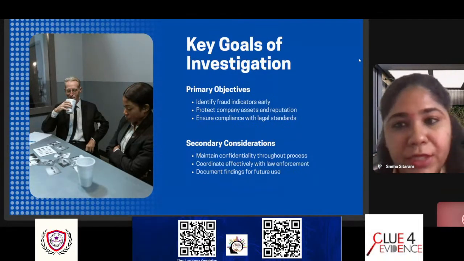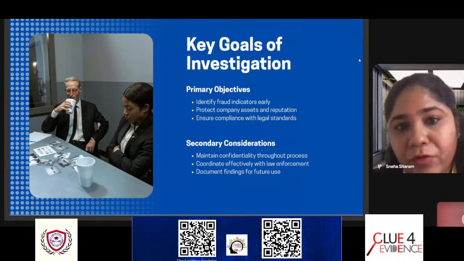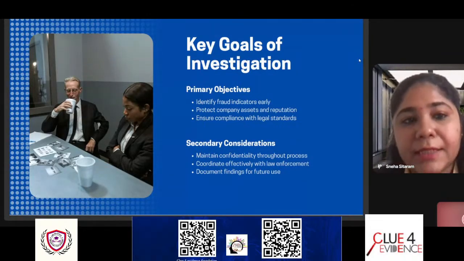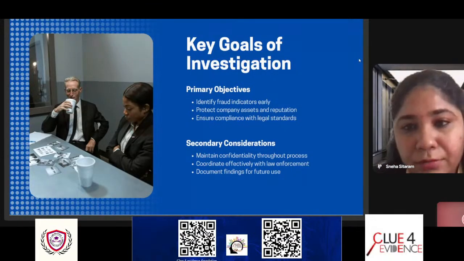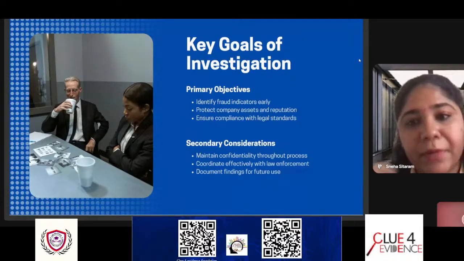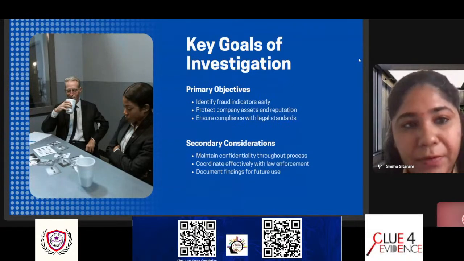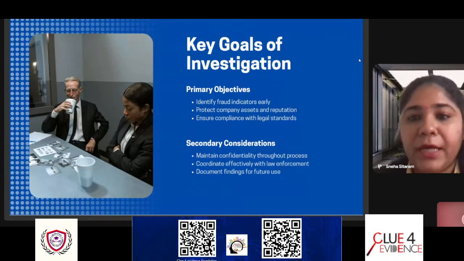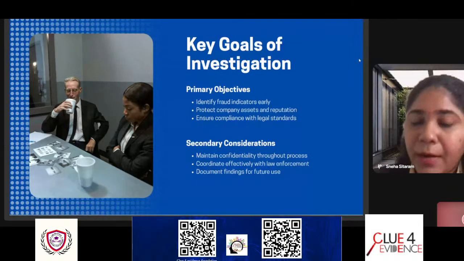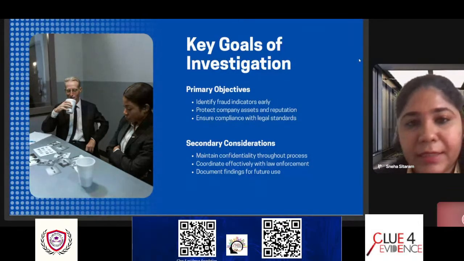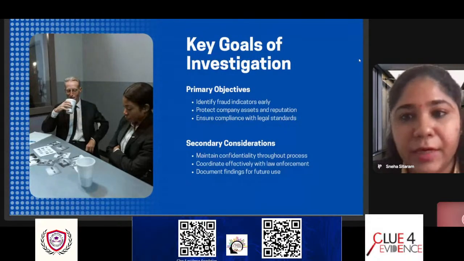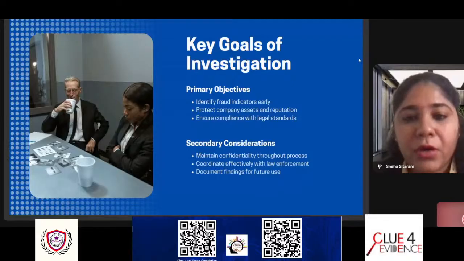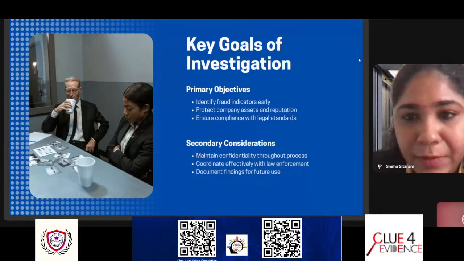There are also the Big Four and other consultant companies who do the assignments, submit them to the clients, that is the companies, and then they take action further. The rules for investigators apply the same, be it an external or an internal investigator. Can we move to the next slide, please?